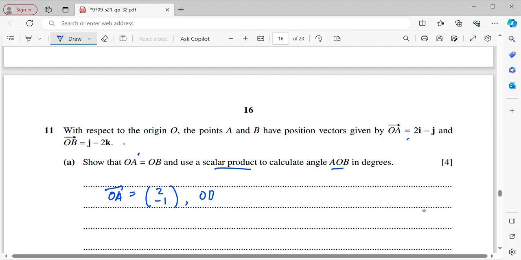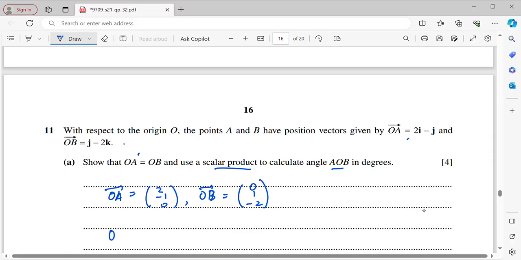Then OB is j minus 2k, which means 0i, 1j, minus 2k. Okay, it is a 3-dimensional vector. That means for the OA, I have to change. It cannot be a 2-dimensional vector. It will be 2, minus 1, 0, because 0k.